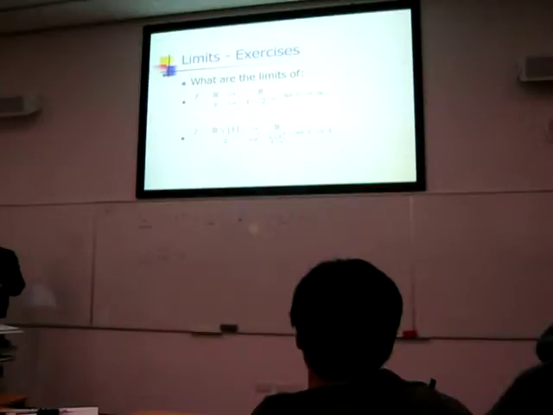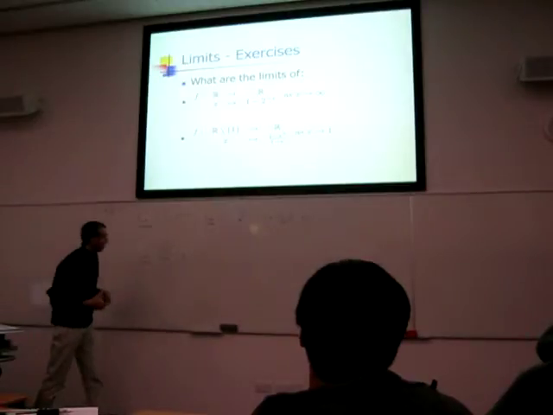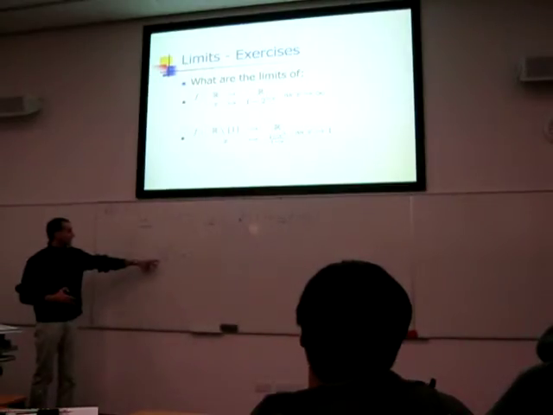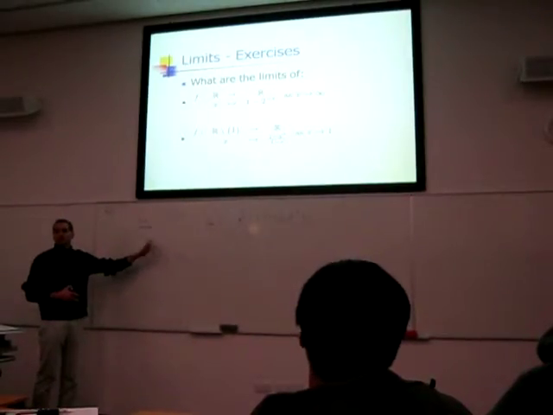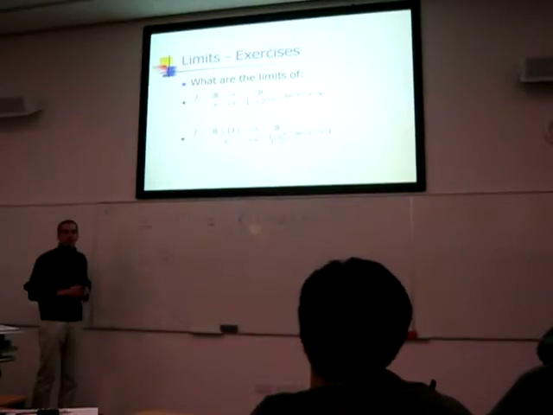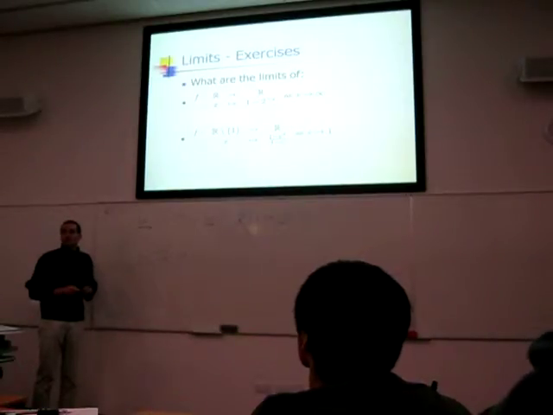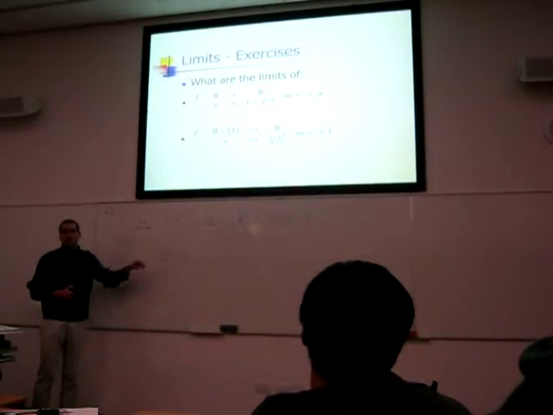So how about the second one then? Has anyone plugged in any numbers? Obviously I can't plug in 1, because 1 just gives me 0 over 0. It's obviously not going to work. But did anyone plug in something like 1.1? Or 1.01?